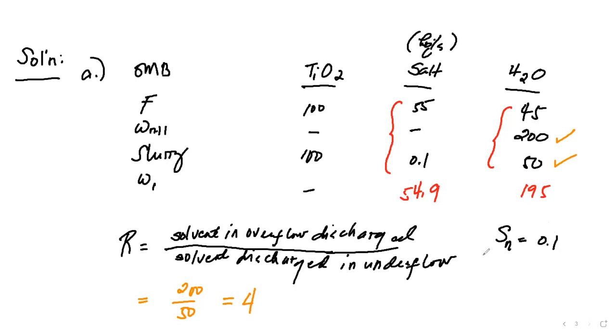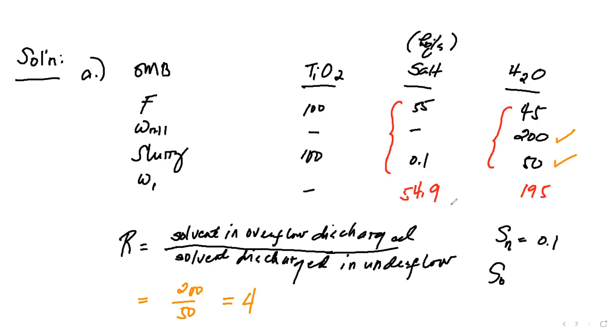Now for the solute present in the feed, we can use the concentration in the overflow of the first thickener, because the concentration in the overflow of the first thickener is the same as the concentration in the solution of the underflow of that same thickener.